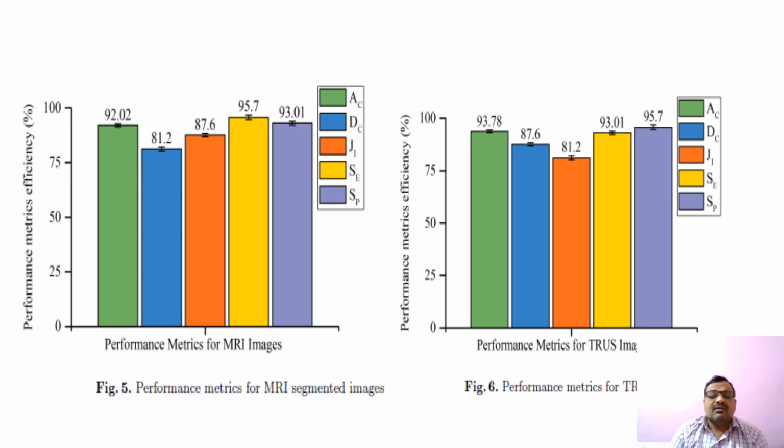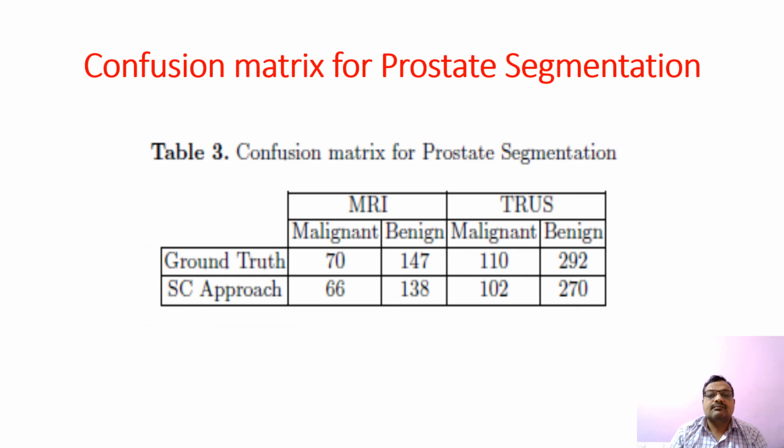The same thing we did for the truth images. We achieve 93.78% accuracy. Then Dice similarity is 87.6. After that, Jaccard 81.2, sensitivity 93.01 and specificity 95.7. And this is the confusion matrix.